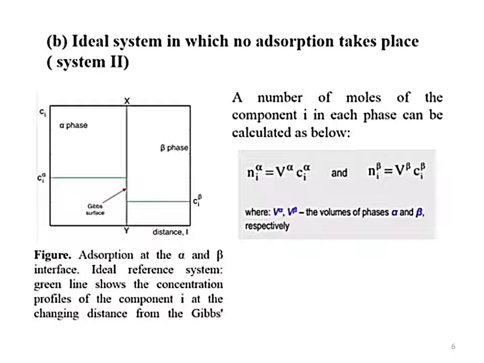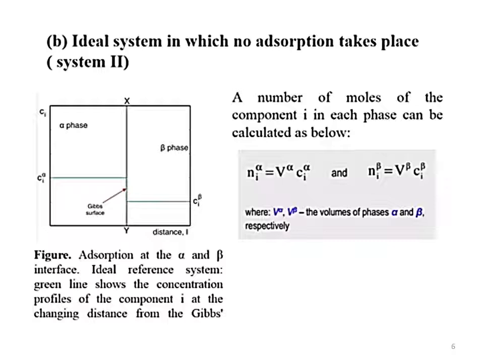This line is called the Gibbs surface. At this line the concentration remains constant, no change. When concentration does not change, it means that adsorption does not occur. So below the figure it is written: adsorption at the alpha and beta interface, ideal reference system.